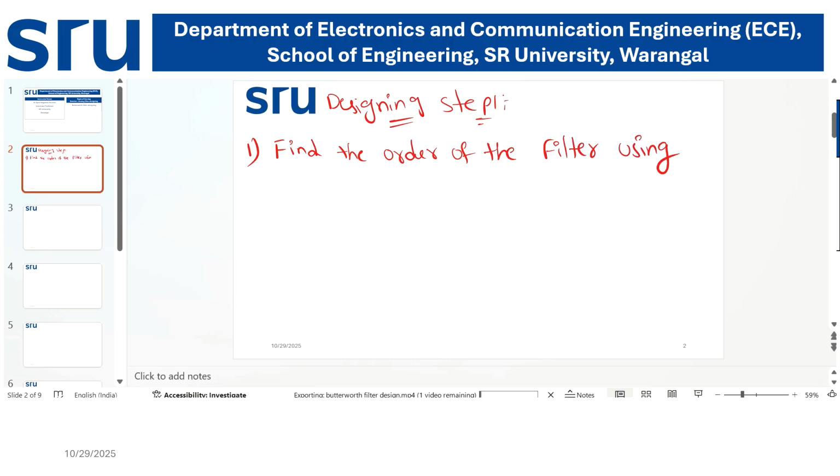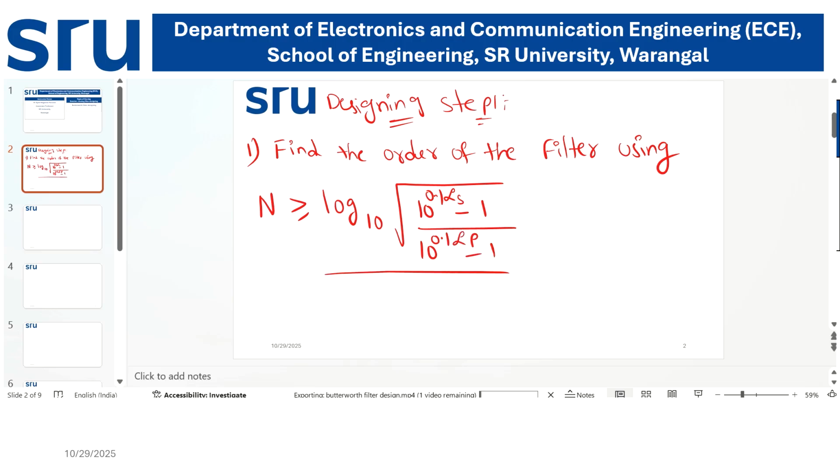using the formula: n is always greater than or equal to log base 10 of square root of (10^(0.1 alpha s) minus 1) divided by (10^(0.1 alpha p) minus 1), divided by log base 10 of omega s by omega p.